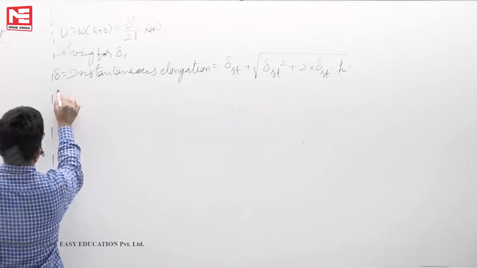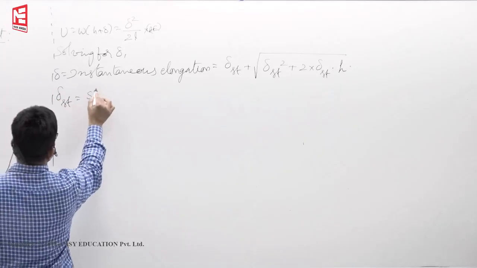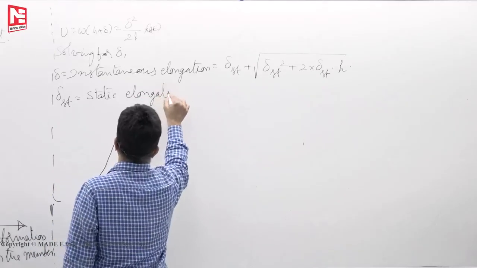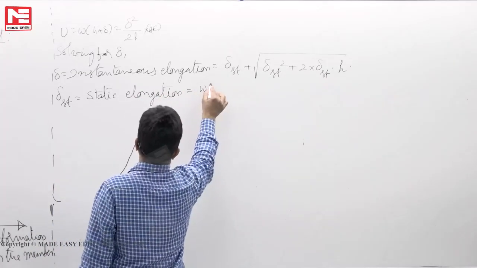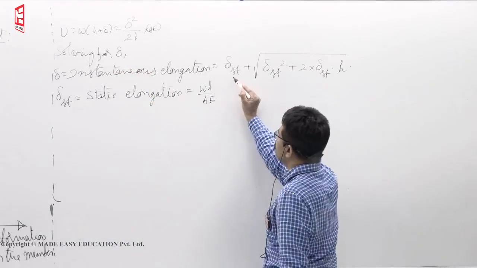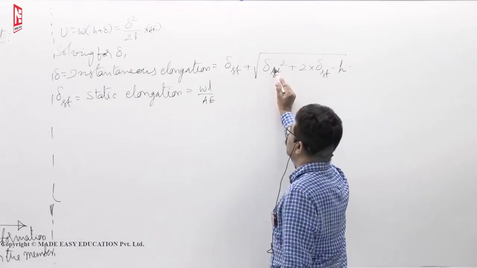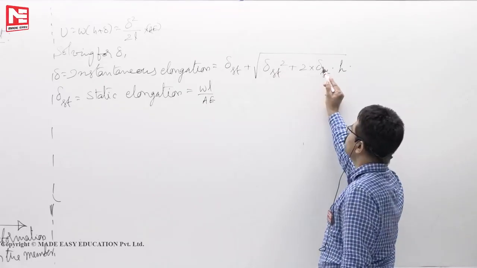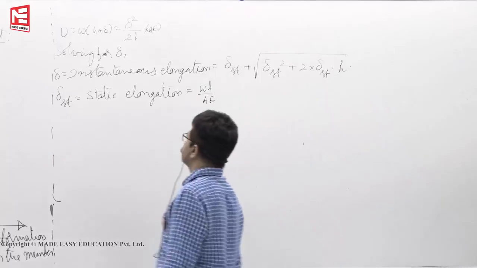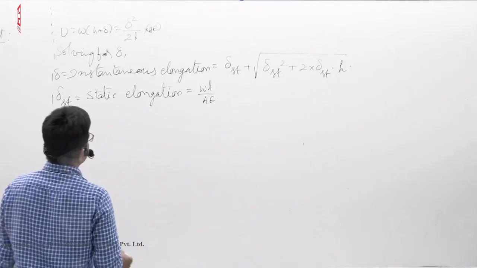This is what you have derived in your SM also. Delta ST means static elongation, which is nothing but WL by AE. Actually, when you solve for delta, you will get WL by AE plus square root of WL by AE square plus 2 into WL by AE into H. That we are writing like this, as a simplified expression.